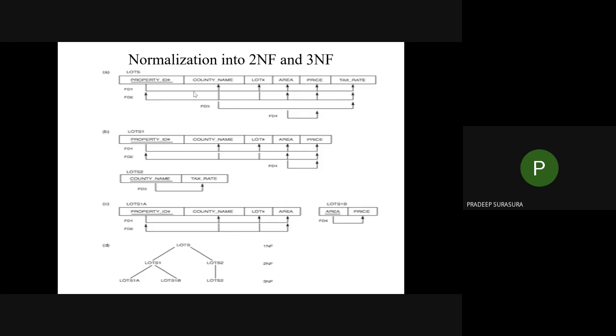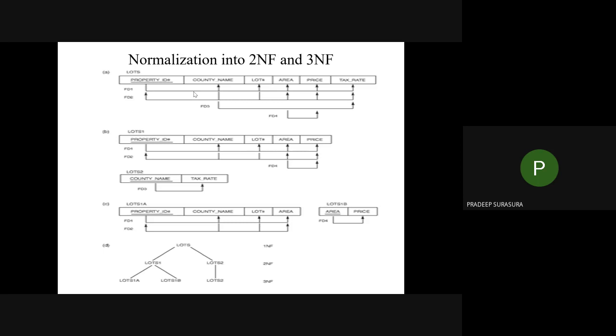Each country will have a common tax rate, so FD3: country name determines tax rate. And your price varies with respect to area, so FD4: area determines price. So we have 4 FDs.